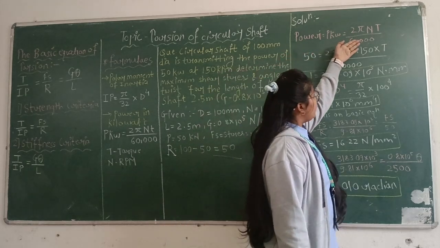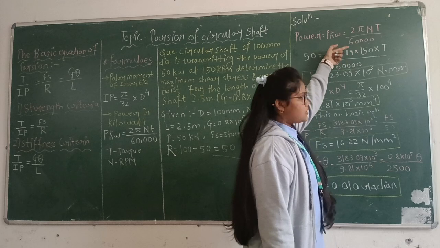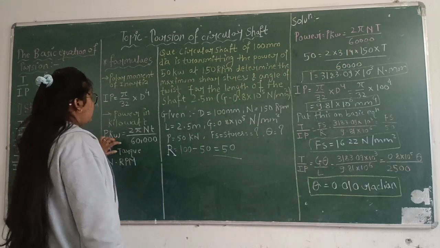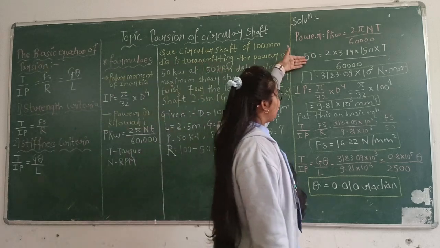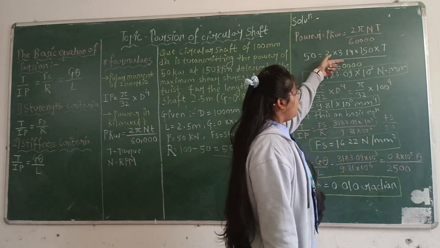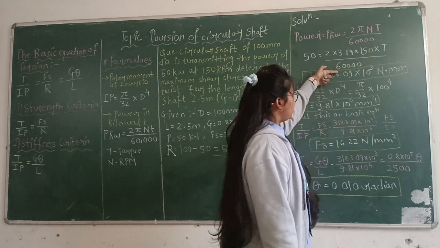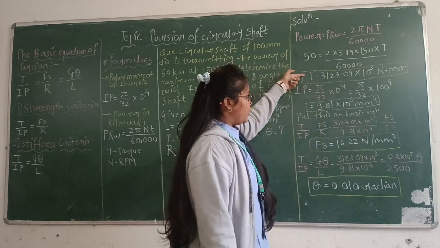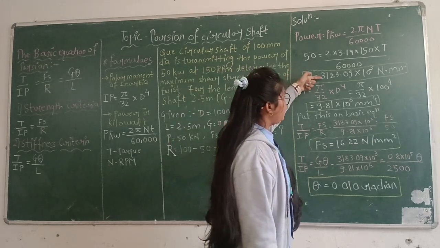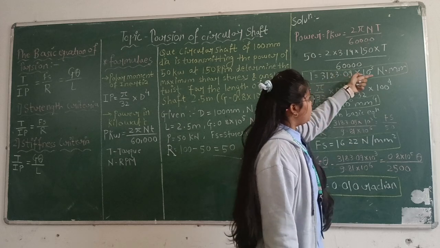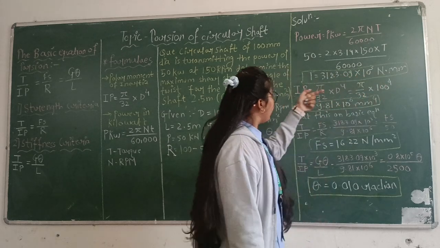The formula of power is 2 pi NT upon 60,000. So 50 is equal to 2 into 3.14 into 150 into T upon 60,000. So the value of T is 3183.09 into 10 to the power 3 Newton mm.